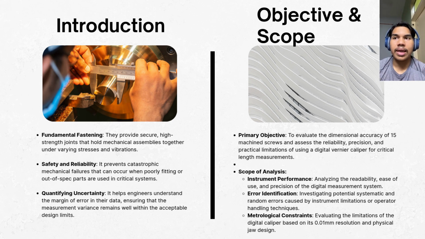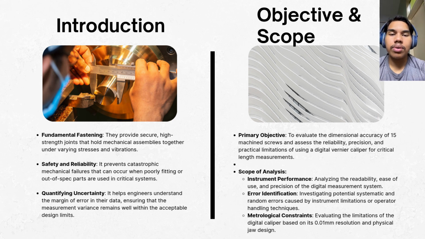Sometimes it can be M10.5, 10.5 millimeter in diameter, or it can be less than that, for example 9.5 millimeter. So that is why we want to quantify the uncertainty. We want to find the error and the error margin, basically whenever we scan a batch of fasteners that we buy.